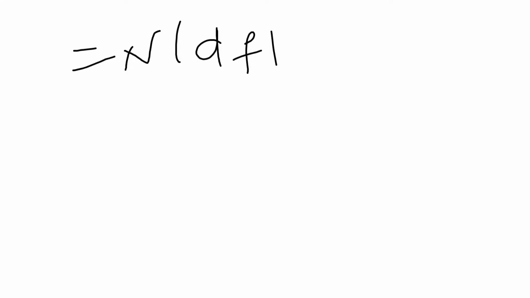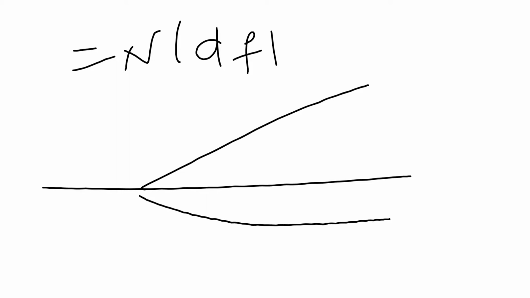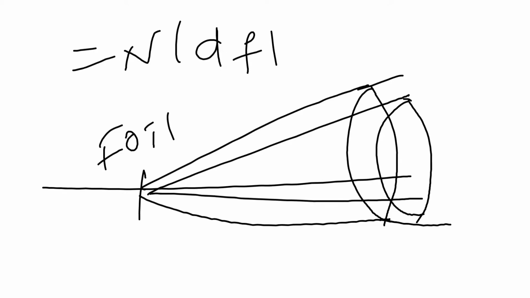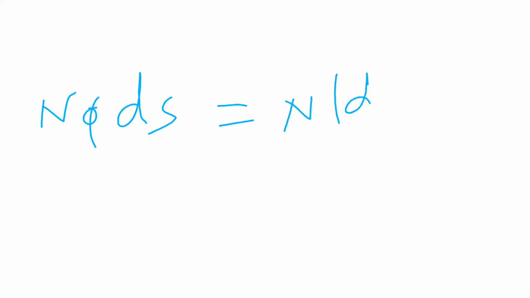To find the number of alpha particles scattered between theta and d theta, see this figure. This is the foil, here also d theta, this one is theta, and the area of the shaded region is given by N theta d theta equals N into df.